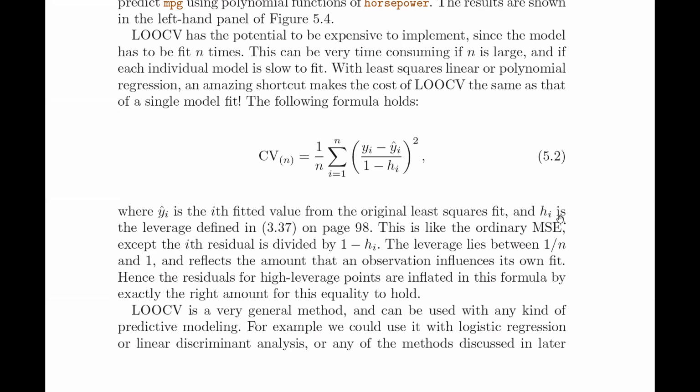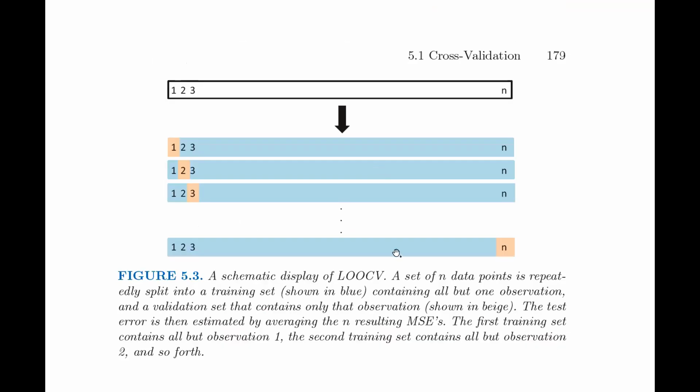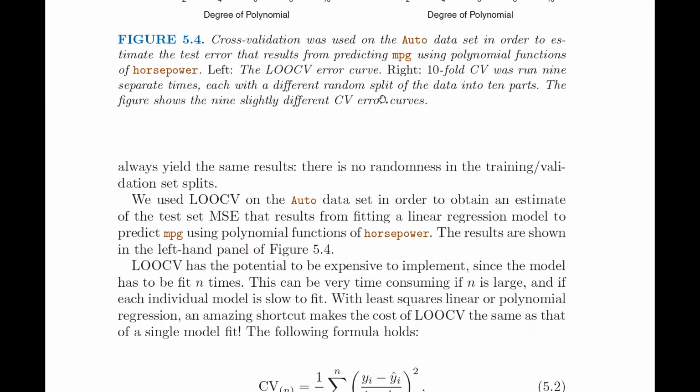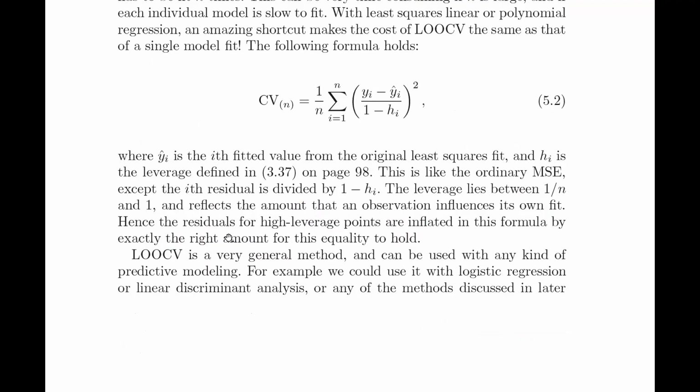So you calculate the leverage for each observation. If you perform this calculation, that's the same as averaging out each individual mean square error. Okay, we'll take their word for it.